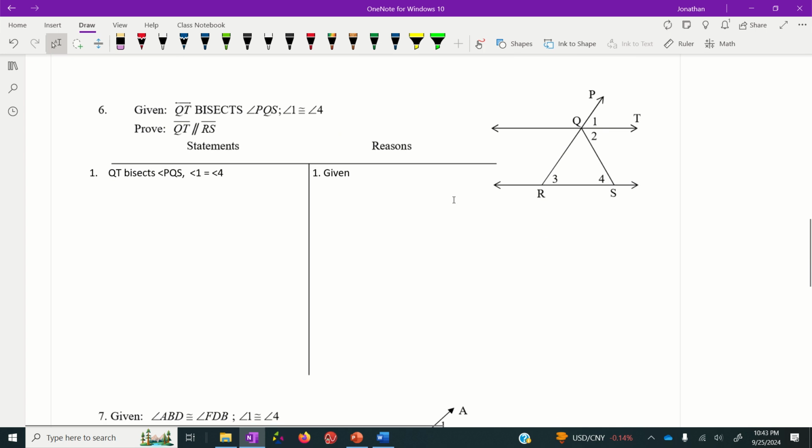And let's take a look at this proof. So, once again, if you haven't already, make sure you fill in the givens for your first statement, and given is your first reason. Okay, now some pro tips here. A couple things we want to keep in mind. Anytime it tells us anything's congruent in the given, like 1 and 4, we want to immediately go over to a diagram. We want to use those arcs and mark those two angles up so we know that they're equal.